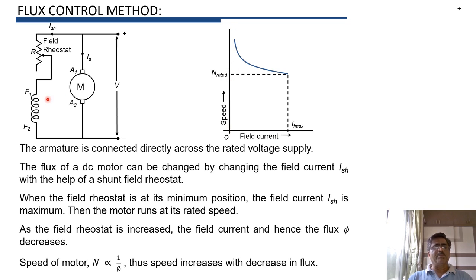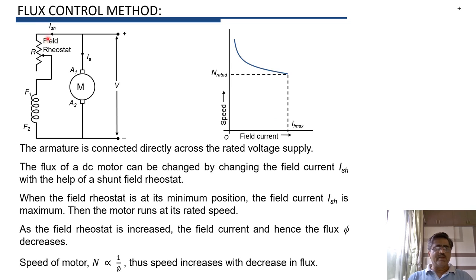So here you have to remember one thing, that the resistance connected in series with the field winding of DC motor, initially it should be kept at minimum so that current in the field winding will be maximum. And if this current is maximum, speed will be minimum.